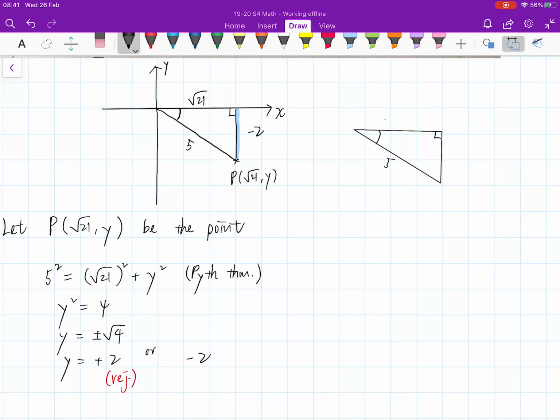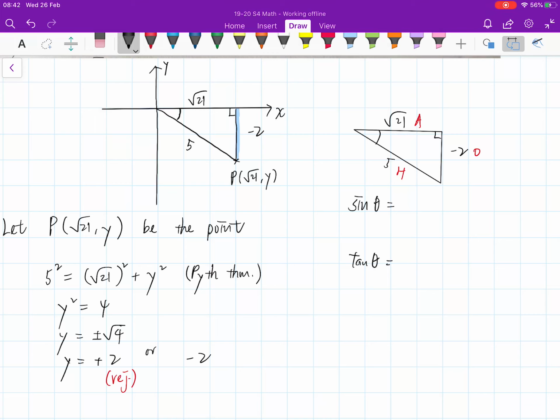Finally, we are considering this right angle triangle with 5, square root of 21, and negative 2. Then we have to judge A, O, and H. The longest side should be H. The square root of 21 is A, and this negative 2 is O. Therefore, we can calculate sine theta and tangent theta.